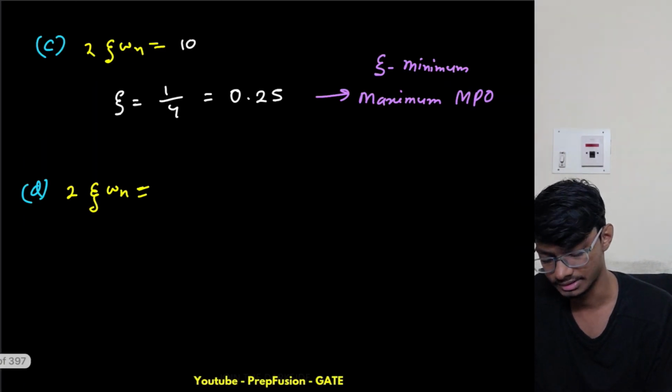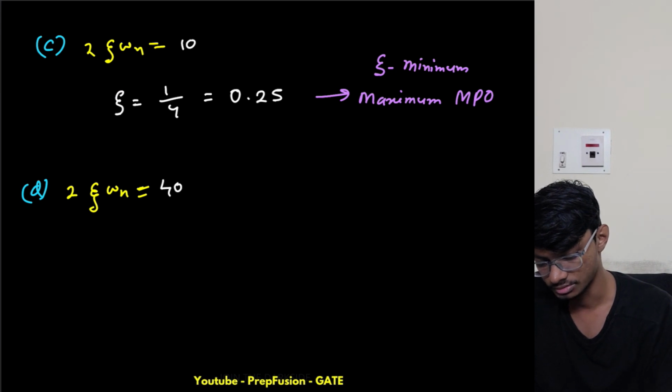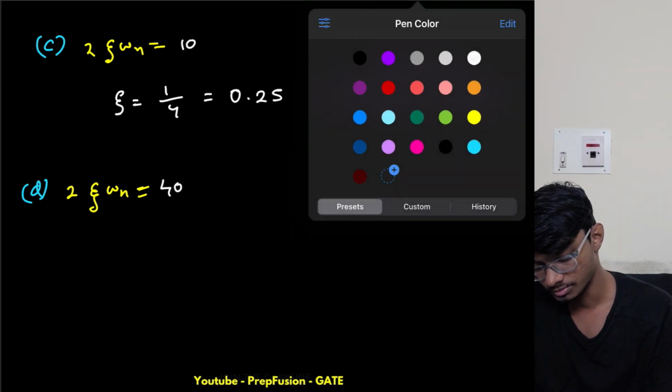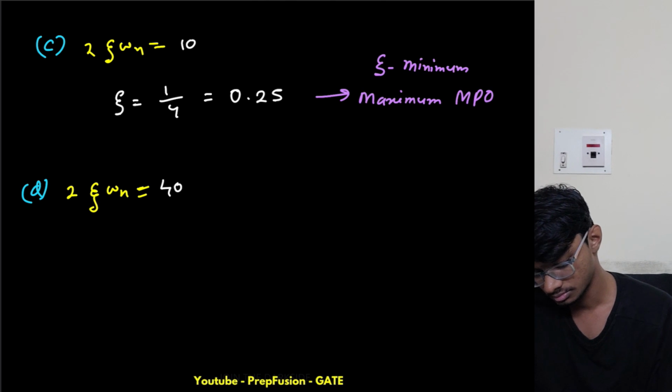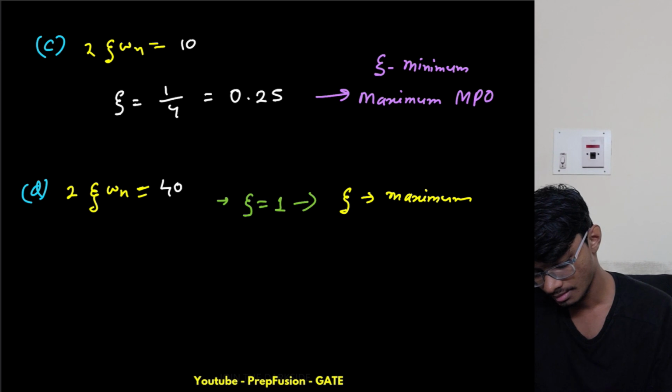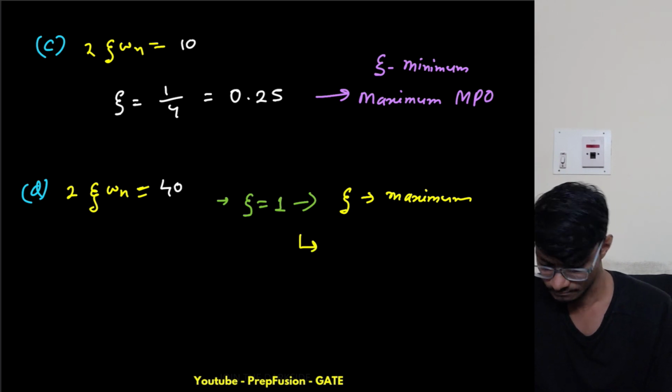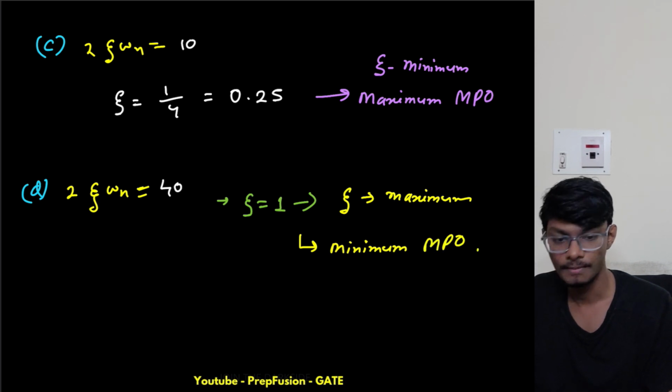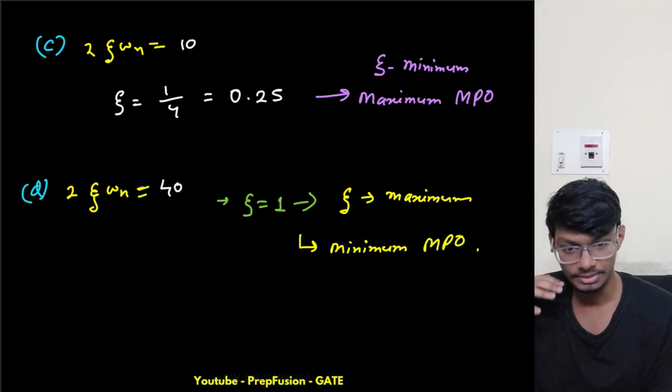So this is basically critically damped, as I can see from here also, that zeta comes out to be 1. So what does this mean? This means zeta is maximum, hence minimum MPO, right? Minimum MPO.